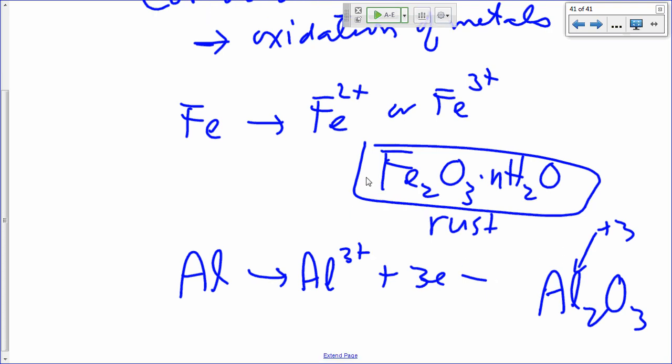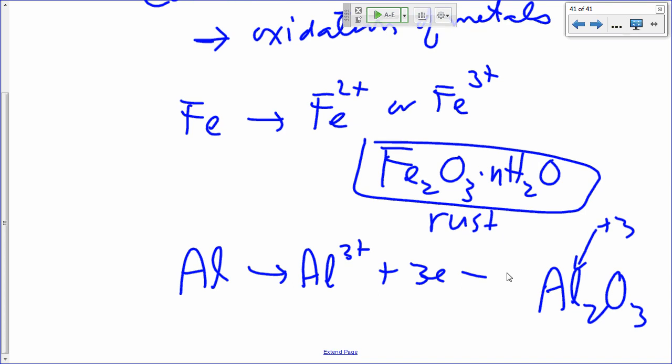Now, one application of this is if you want to prevent rusting of iron, what you do is coat it with something that's similar to aluminum. Zinc does that too, okay? So if you coat iron with zinc, zinc has a greater oxidation potential than iron. So immediately, zinc would give you a zinc oxide coating that protects the rest of it from the effects of the atmosphere, oxygen.